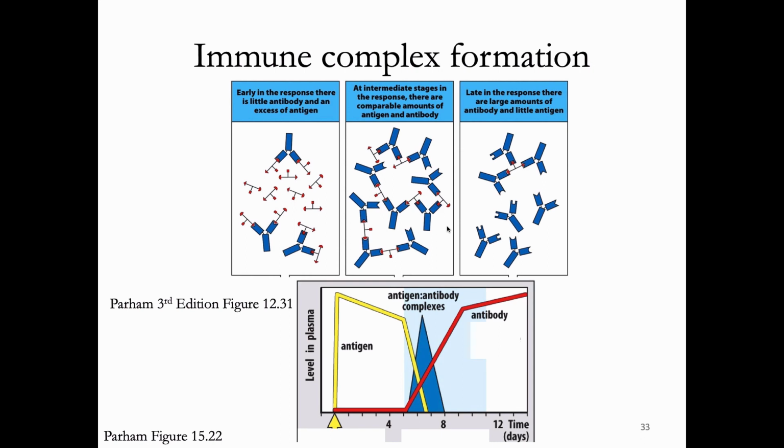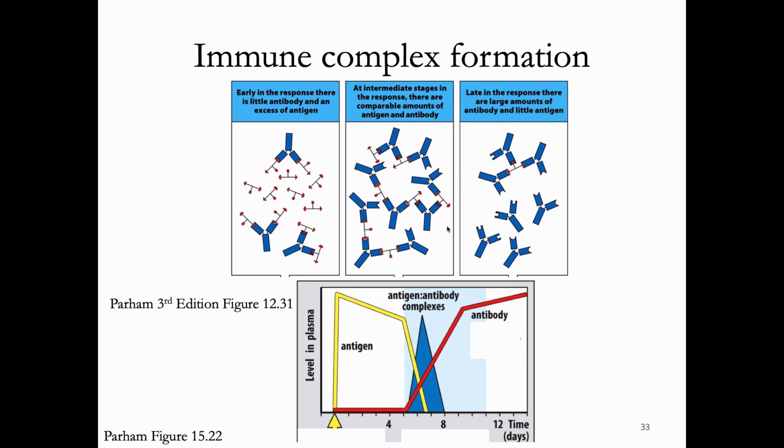So what you can see with immune complexes is that they are dependent on the concentration of antigen and on the concentration of antibody. So on the left, you can see a situation where we have a lot of antigen, a small amount of antibody, and you can see that each antibody binds to a couple antigens.